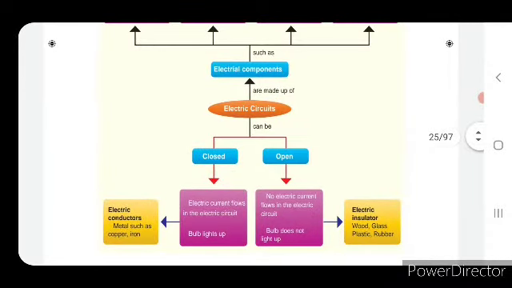First we will see about electric circuits. If the bulb has to glow, electricity should be supplied to that bulb. From the switch, one end will be connected to the bulb, and the other end of the bulb will be connected to the other end of the switch by means of wires.